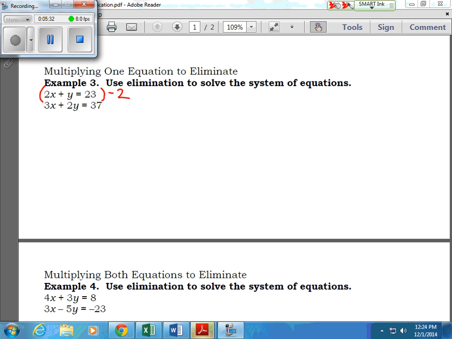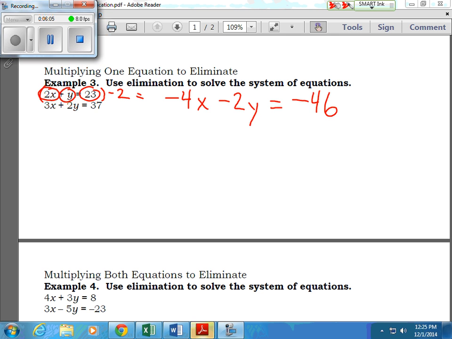So that's what I'm going to do. I'm going to multiply every term in the top equation by -2. That'll give -4x minus 2y equals -46. So hopefully we can see what I did. I took the top equation and multiplied every single term by -2, so everything got doubled and changed to its opposite sign.